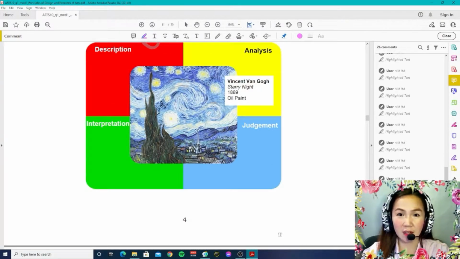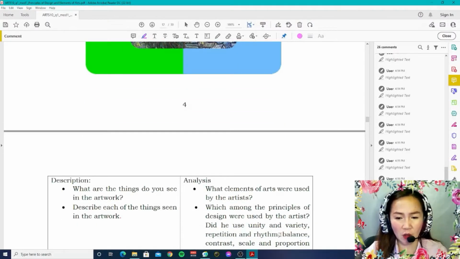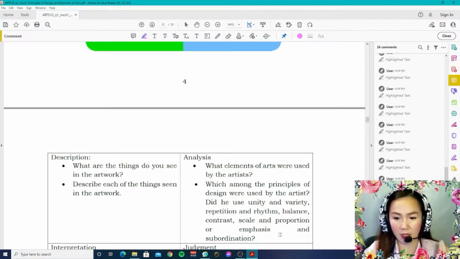If I'm not mistaken, na-discuss din siya sa inyong grade 9, 8, or 7, right? Now, anong mga elements like line, color, kumusta naman? Okay, siya ba ay gumamit ng straight line, curve line? Ano masabi nyo? Now, which among the principles of design were used by the artist?